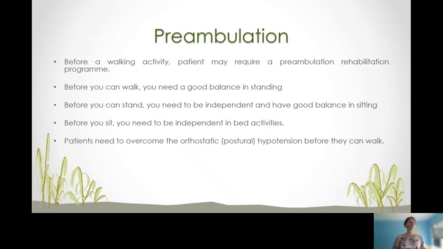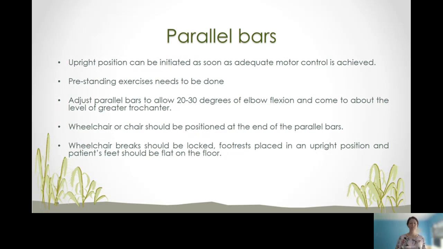Always be sure to check the vitals, the vital trends in the file, but also to measure the vitals before you get them up and moving with the mobility aid. So picture this, parallel bars, 2 bars that you can hold on.